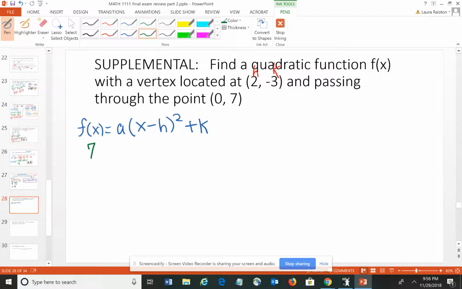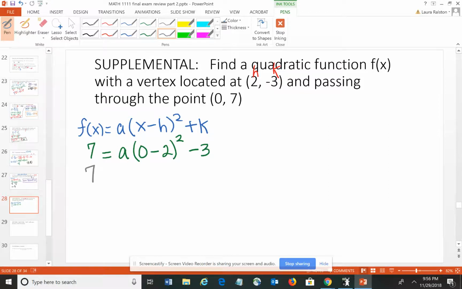So I have 7 equals a times 0 minus 2 squared plus -3. Okay, so then I'm going to try to solve that for a.